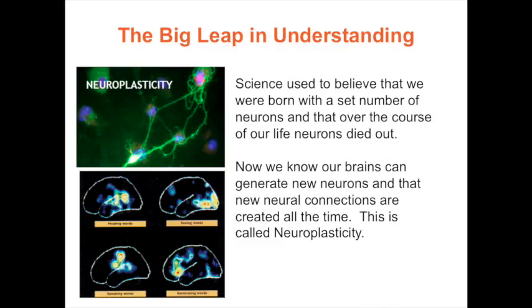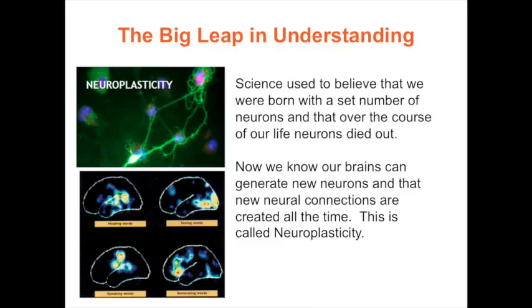You might also be aware that in the last 20 years there's been quite a big leap in our understanding of the brain and our neurology. Science used to believe that our brain was a bit more like a machine, in that parts of the brain were broken up into different functions, and if that part got damaged, there's nothing you could do about it. We now know that the neural pathways in our brain are capable of rewiring.